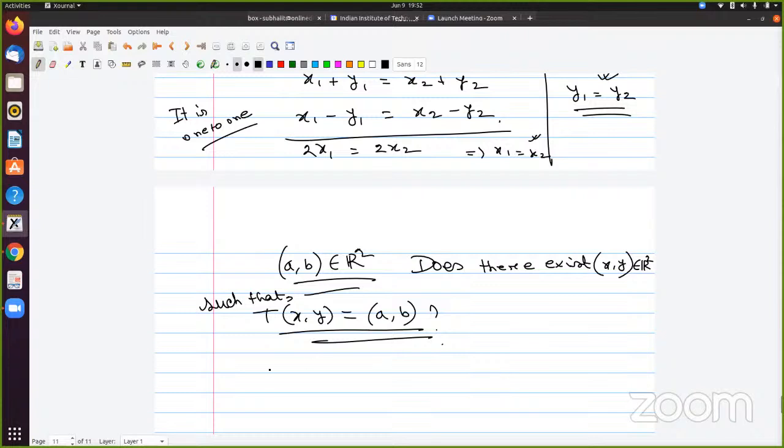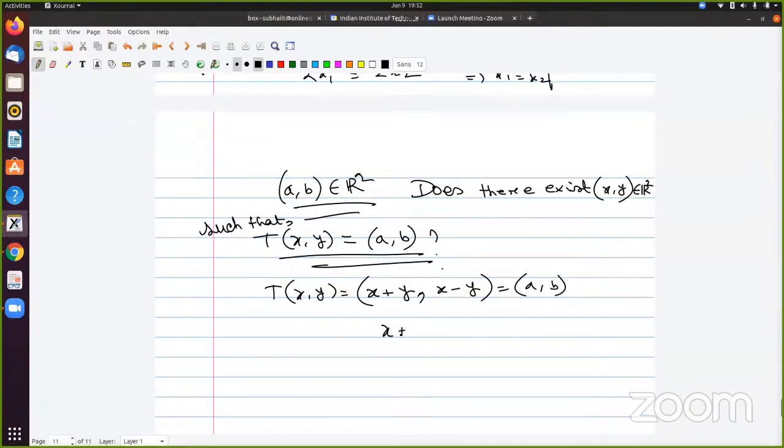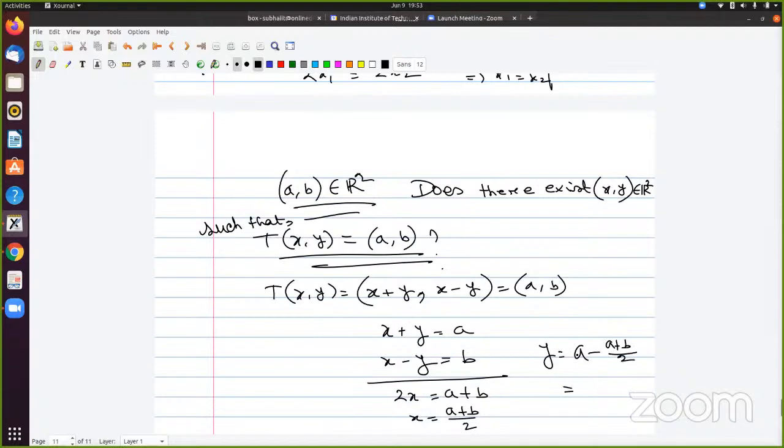Okay, now what to do? If T of (x, y) has to be (a, b), then T of (x, y) is basically (x plus y, x minus y), and this has to equal (a, b). So x plus y should be a, and x minus y should be b. If we solve this, do we get a solution for x and y? Yes, we do. x is (a plus b) by 2, and y is (a minus b) by 2.